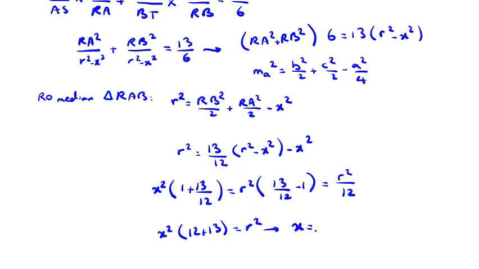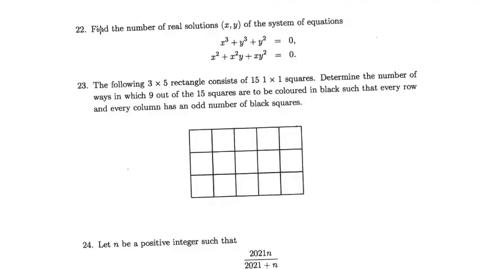So x equals r squared over square root of r squared over 25, which equals r over 5. From the assumption of the problem, it is 555 over 5 equals 111.